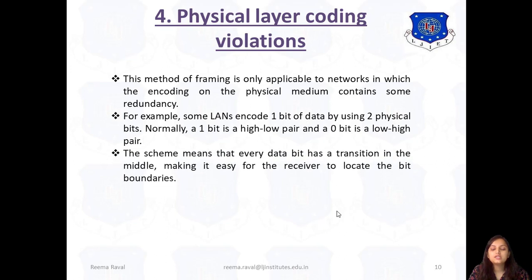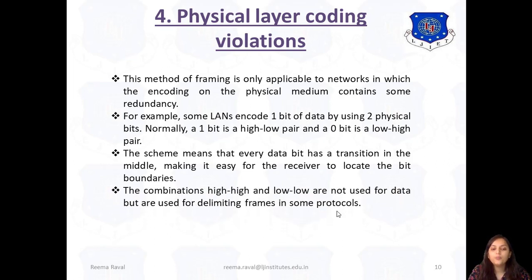The scheme means that every data bit has a transition in the middle, making it easy for the receiver to locate the bit boundaries. The combinations high-high and low-low are not used for data but are used for delimiting frames in some particular protocols. So this method is generally used less.